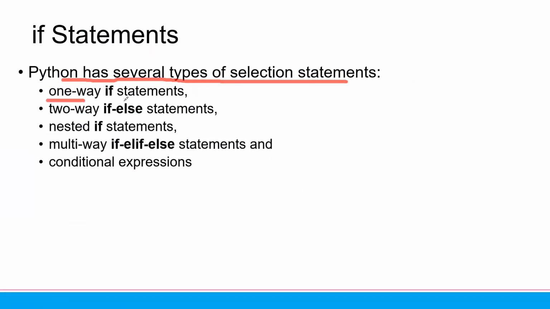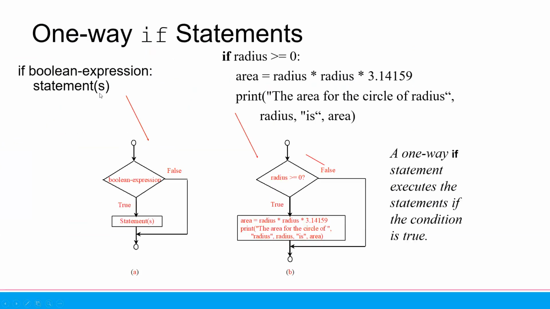The first, we call it one-way if statement. And then we have two-way if else statement. We have nested if statement. We have multi-way if else if statement, and some conditional expressions. So we will discuss all of them. So, one-way if statement.